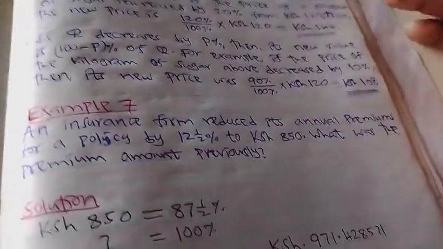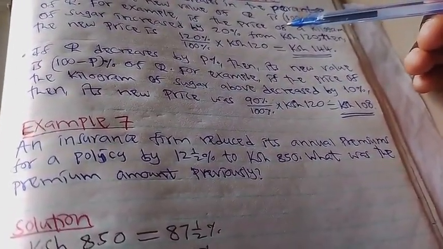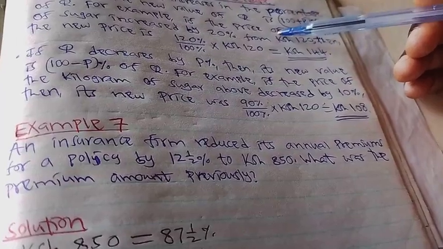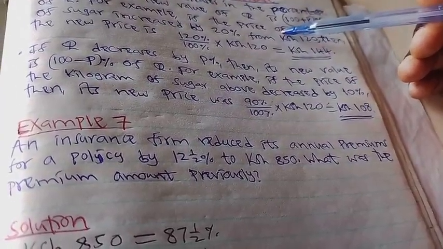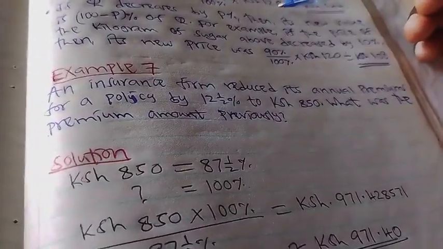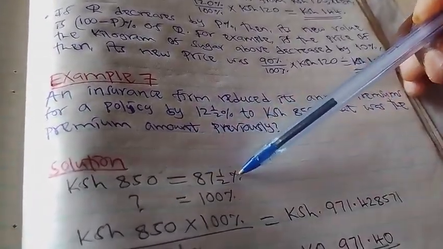Example 7. An insurance firm reduced its annual premiums for a policy by 12.5% to 850 shillings. What was the premium amount previously? In this case, you have been given the final value of the premium after the decrease. That implies the premium is 87.5%.